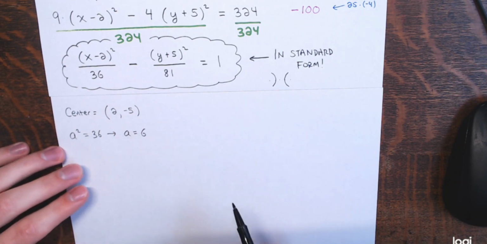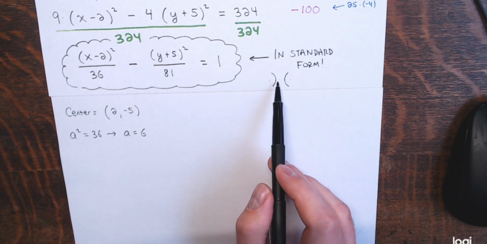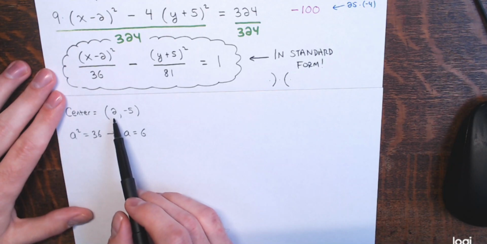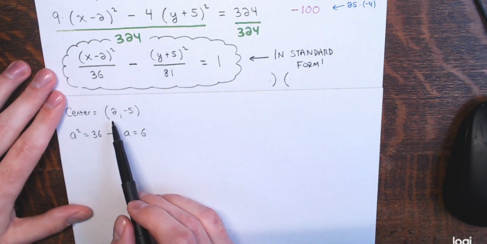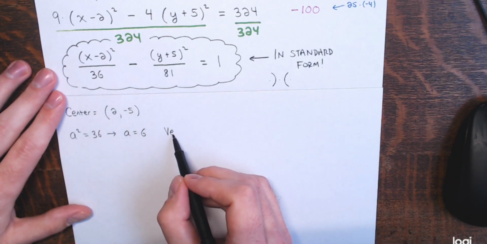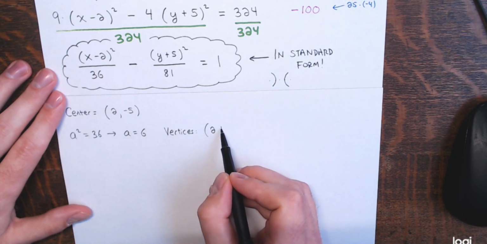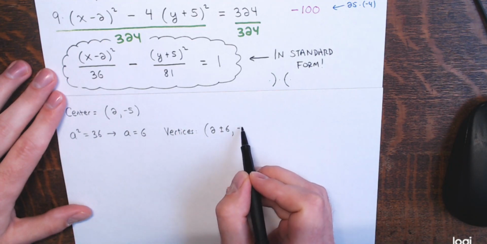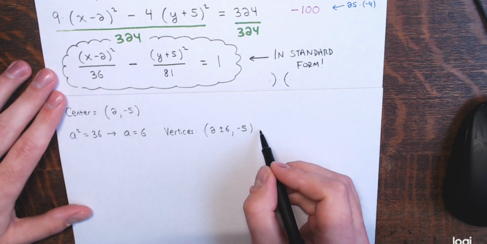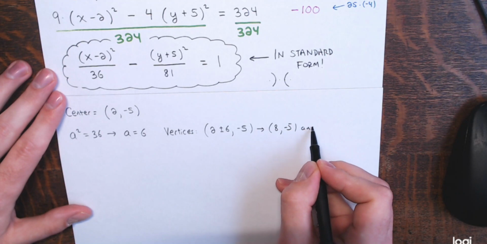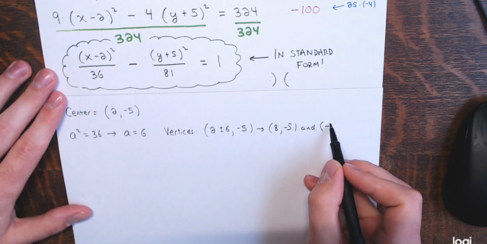And remember, the vertices are to the right and left. So I'm adding 6 and subtracting 6 to the x coordinate of the center for the vertices. So 2 plus or minus 6, comma, and then the same y coordinate, negative 5. Well, that would be 8, negative 5, and negative 4, negative 5 for the vertices.